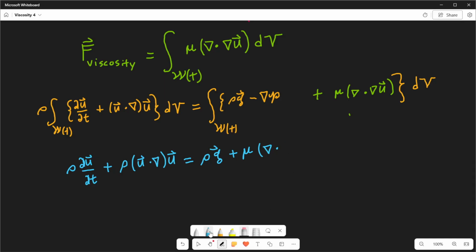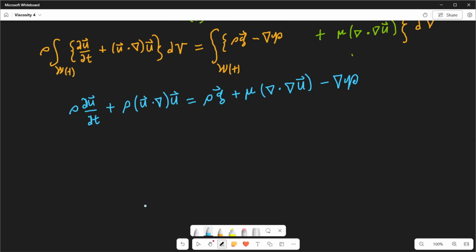Need one more of these guys. This is the viscosity, it's just added, and then minus the gradient of the pressure. So I'm going to rewrite this one more time to get the partial derivative of the velocity field with respect to time on one side and everything else on the other side.